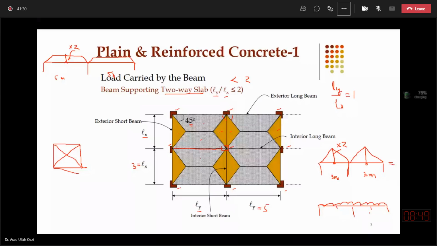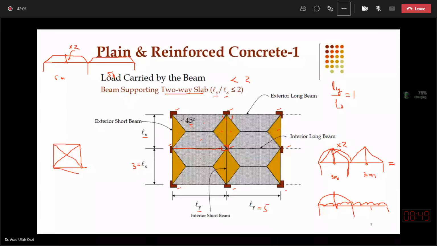What is discussed in the first few slides is how to convert the actual triangular diagram into equivalent UDL, so that finally the moment ordinate from this picture and from this simplified one remains the same. This is actually discussed in the next slides.